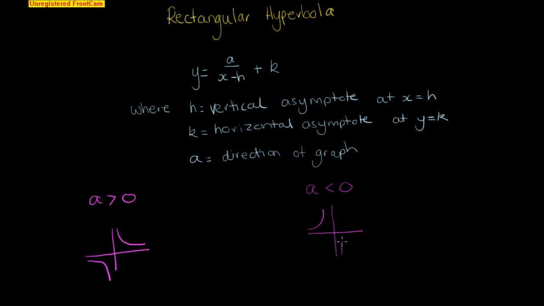What I mean by direction is kind of left or right orientated. I would say this way is right orientated, so it's kind of more positive. The top one is in the positive x values. This one's left orientated, where the top portion of the graph is in the negative x values.